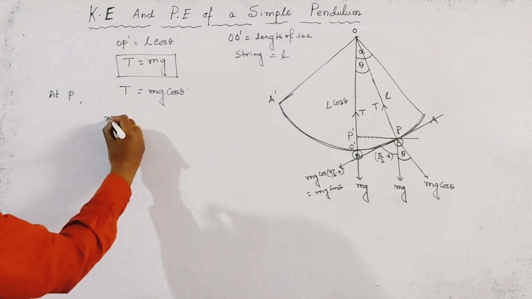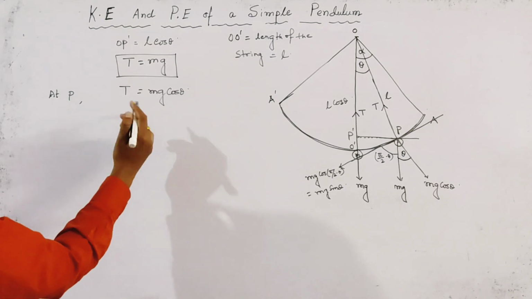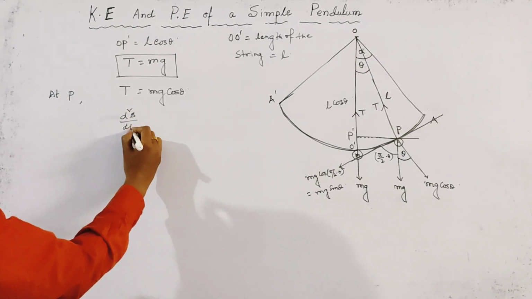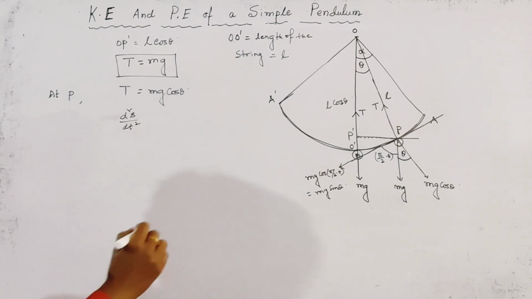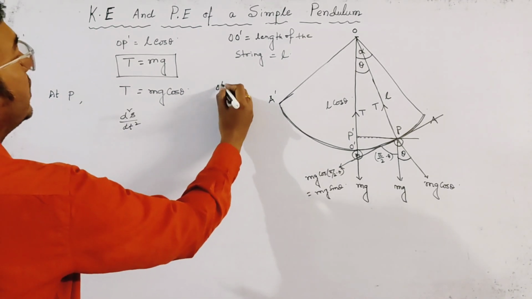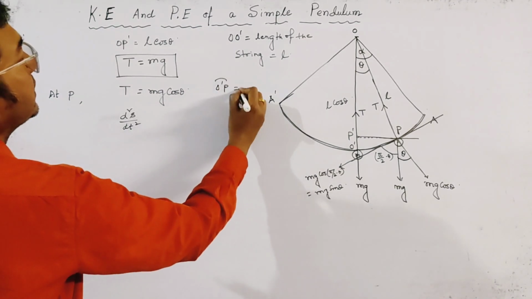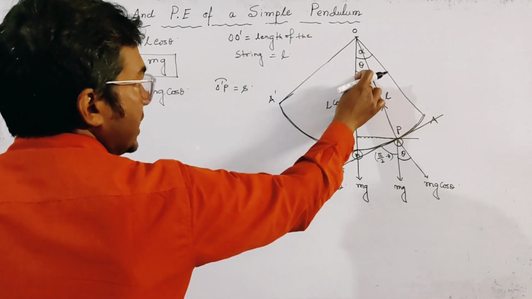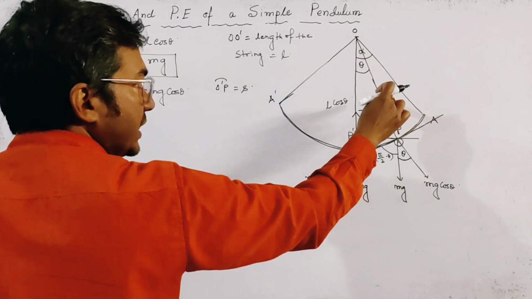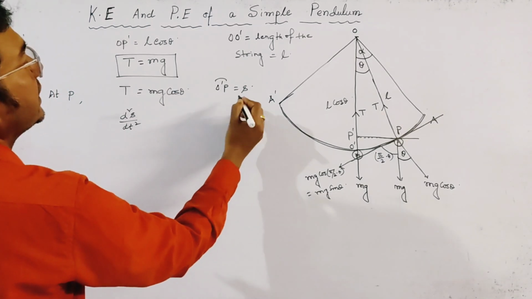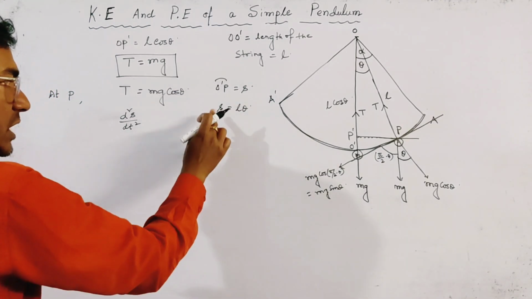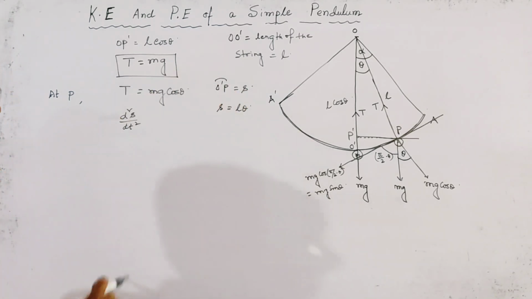If we consider the tangential acceleration, what is it? The tangential acceleration is given by d2s by dt2. Now we consider O dash P, this is the arc, this is S. Since this angle is theta and the radius of the circle is L, we get S equal to L theta, because arc is equal to radius into angle.